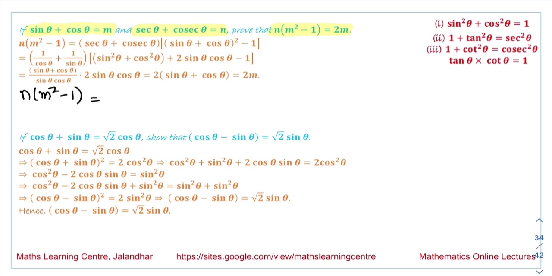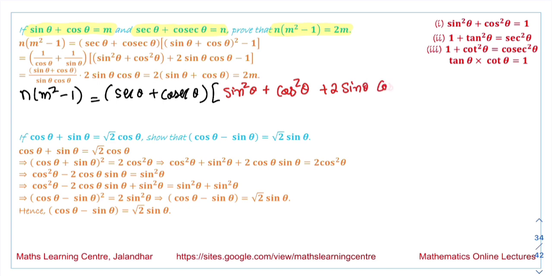So this is equal to secant theta plus cosecant theta into the value of m square that we will have, which is sin square theta plus cos square theta plus 2 sin theta cos theta, and it is minus 1 over here.